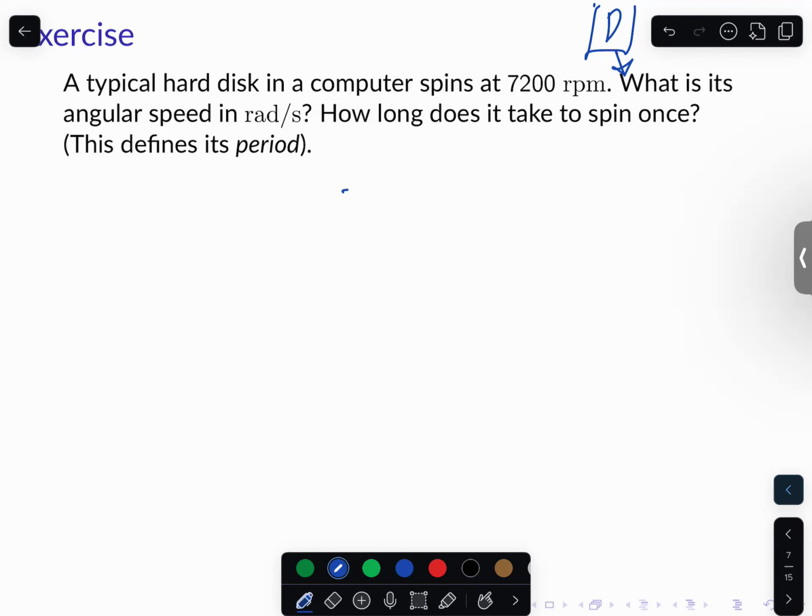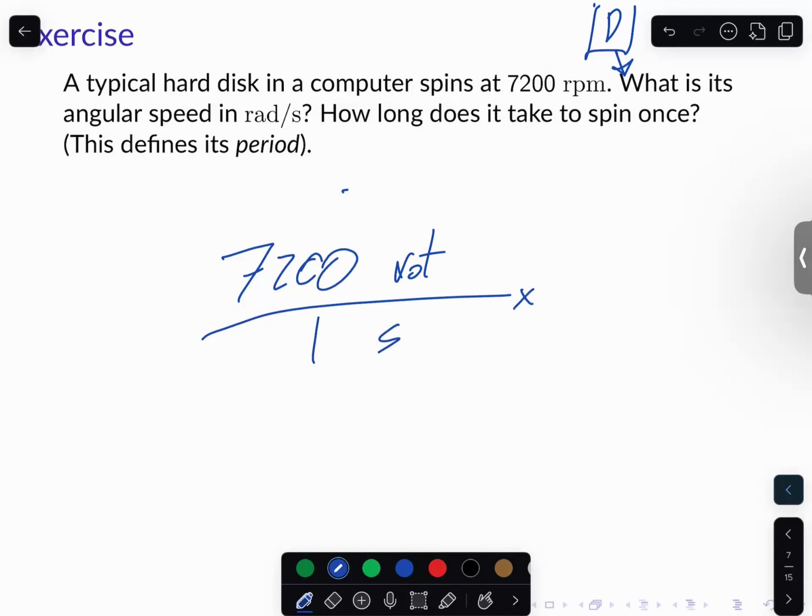You could find the rotations in 1 second, just divide by 60. 7,200 divided by 60 tells you the rotations per second. If you flip that, it tells you the seconds per rotation.